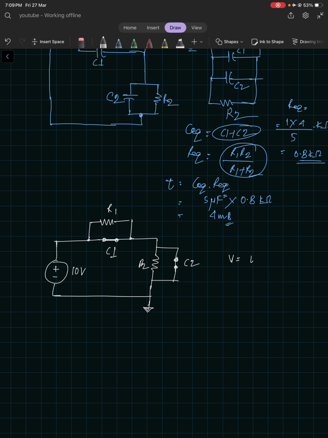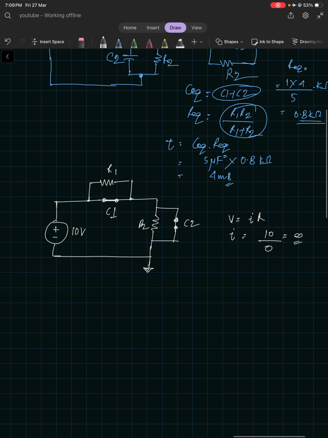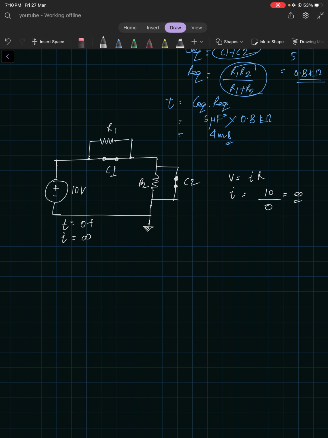V is equal to IR, so I is equal to V upon R. V is 10 volts and R is 0, so it will go to infinity, a very large value. For this special circuit, the current at t equal to 0 plus would be infinite, and due to this, the capacitor will charge instantly.